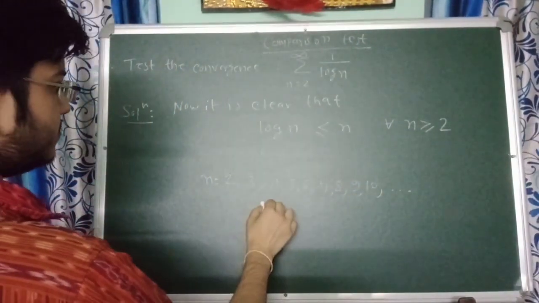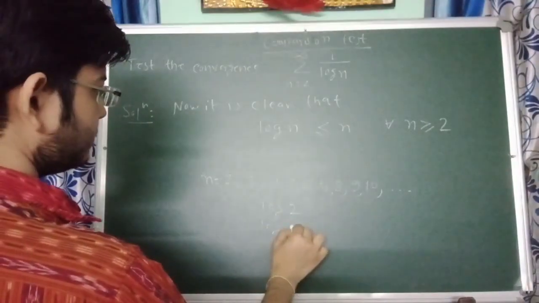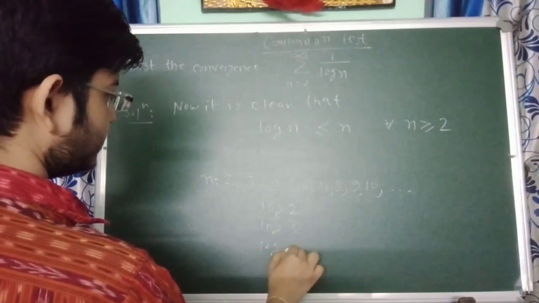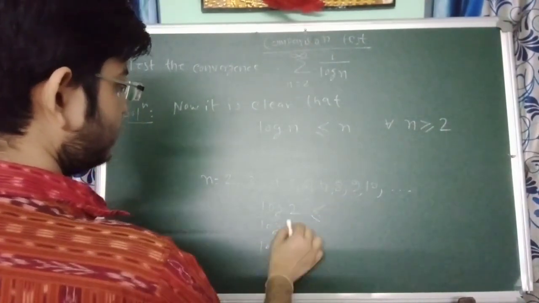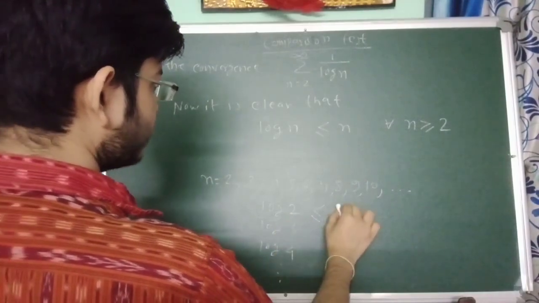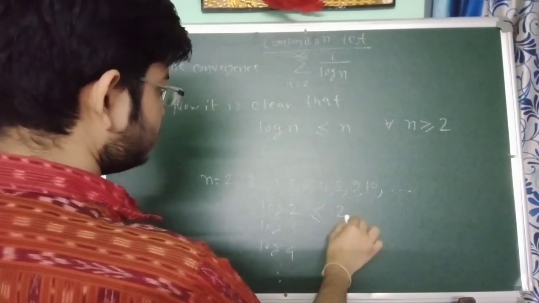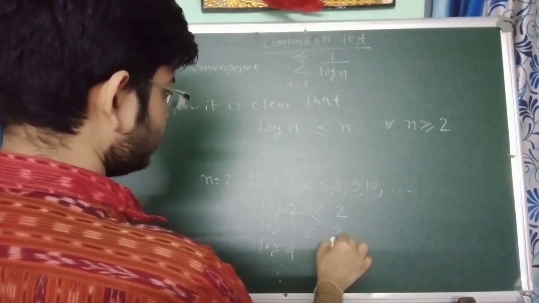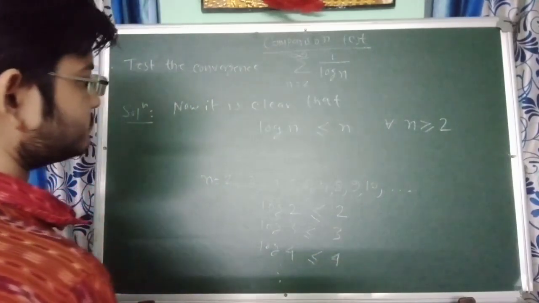In each case we see that these values are less than or equal to the value of n, that is, log 2 is less than or equal to 2, log 3 is less than or equal to 3, log 4 is less than or equal to 4 and so on.